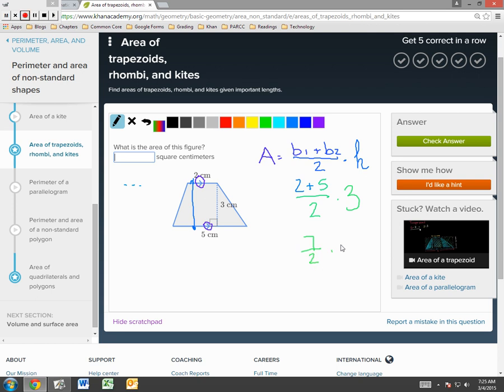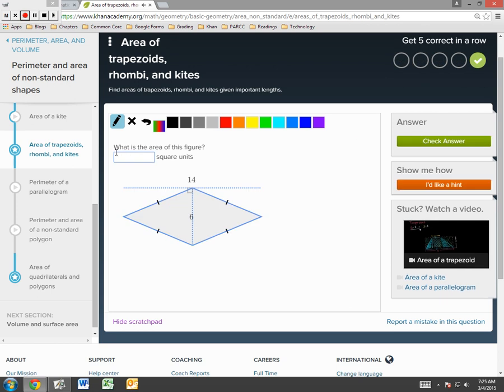Divide that by 2, multiply it by 3. I could change this to a decimal, which gives me 3.5. 3.5 times 3: that's 9 plus 1.5, which gives me 10.5, I'm thinking. Let's take a look.